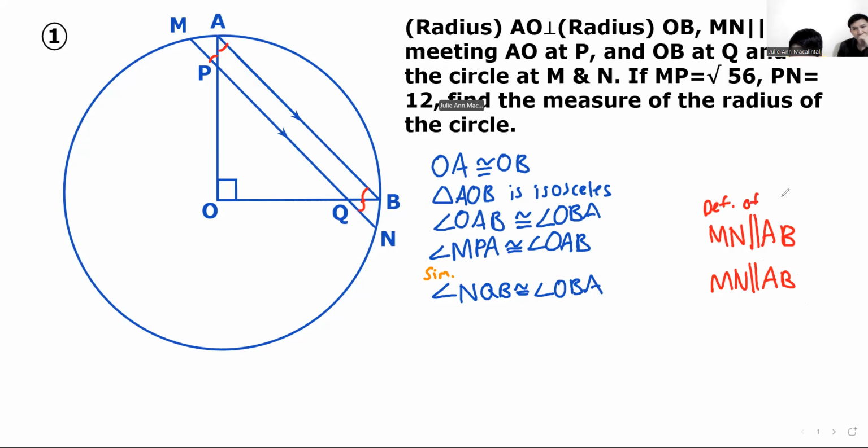Therefore, by the definition of isosceles, AOB is isosceles.